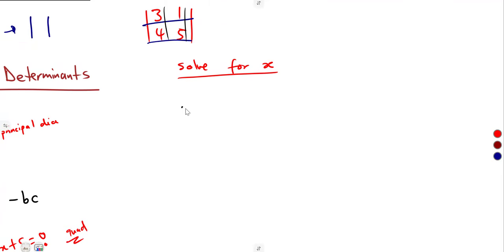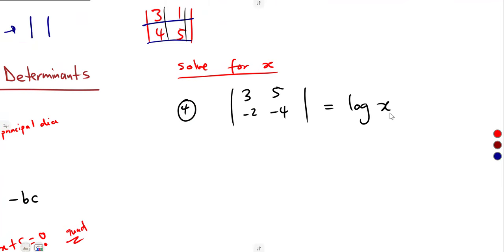All right, let us just end with the one that has got a log. 3, 5, -2, -4 is equal to the log of x. We have a log. All right, so determinant of this is equal to the log of x.